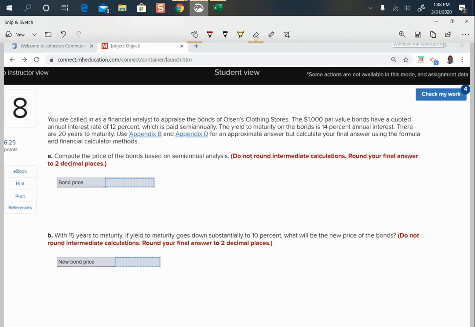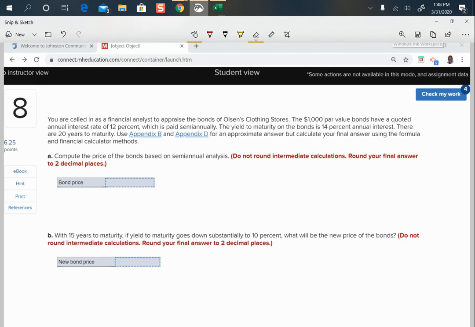Again, remember, in terms of the interest you pay on a bond, how much you pay is based on the stated or quoted rate. In this example, you're going to pay interest based on 12% of the face value of the bond. Then there is also the yield to maturity on the bonds, which is 14%.